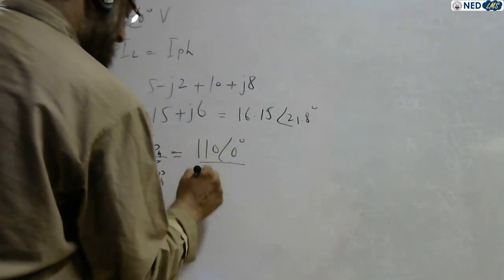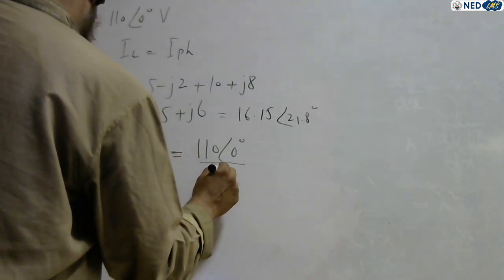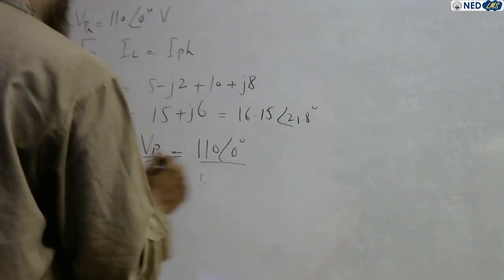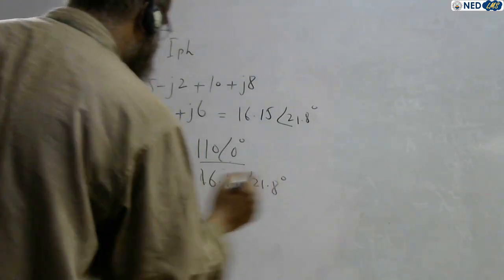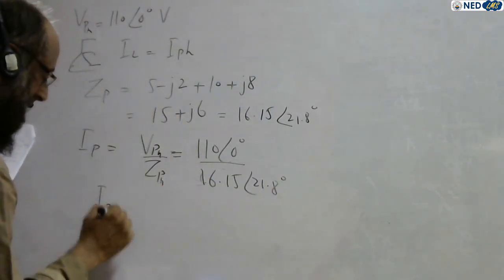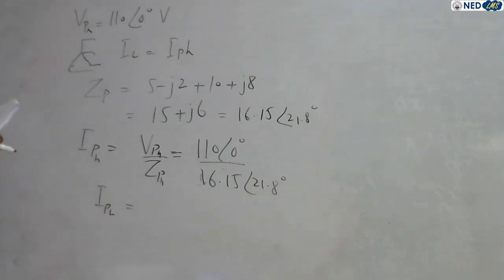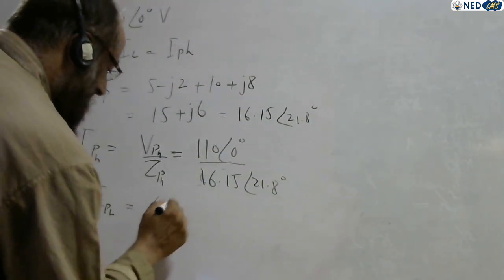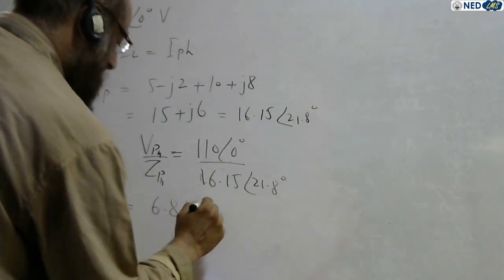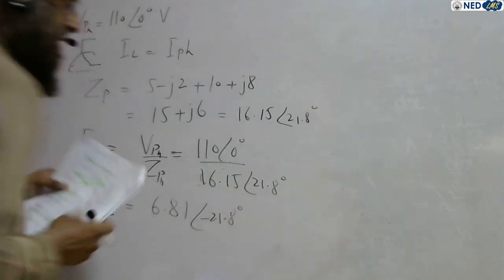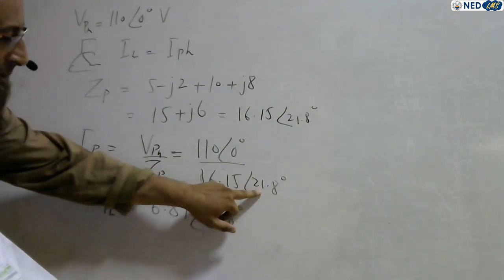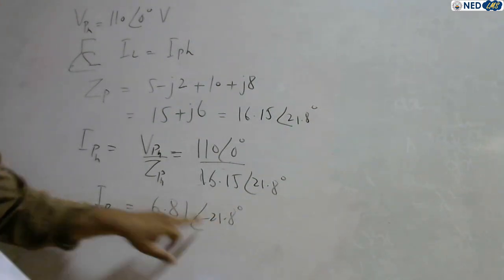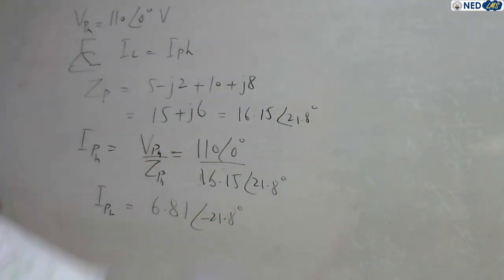The phase impedance we just found is 16.15∠21.8 degrees. So the phase current I_PH comes out to be 6.81∠-21.8. The angle is in the denominator, so when it goes to the numerator it becomes negative, and magnitude is divided by magnitude. So you get the phase current.